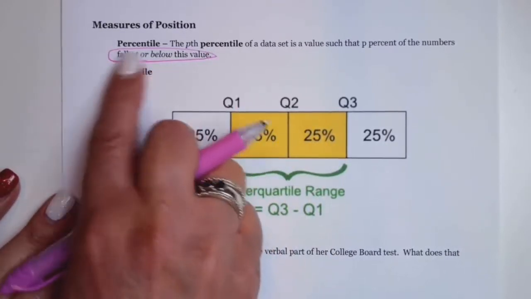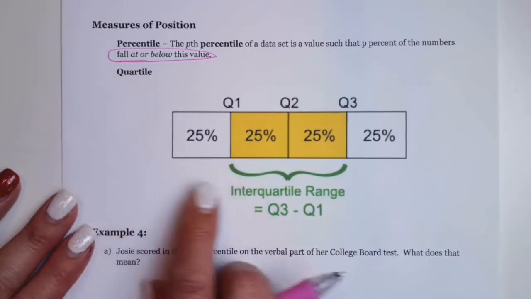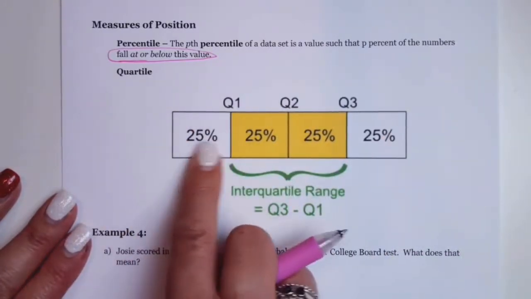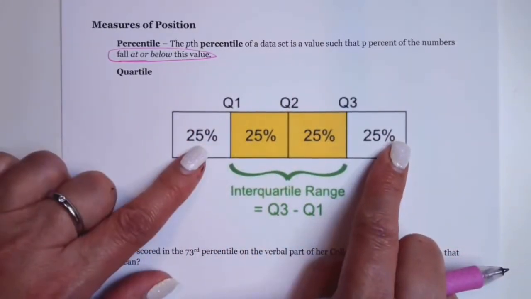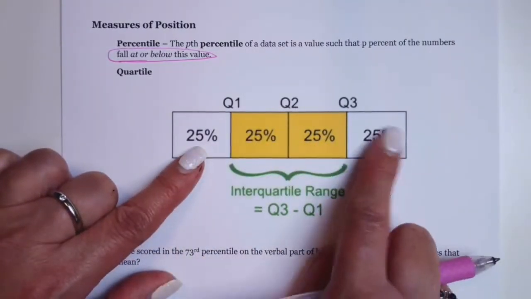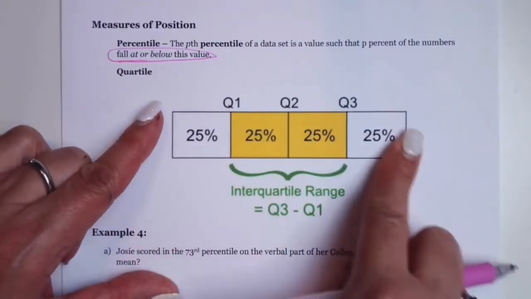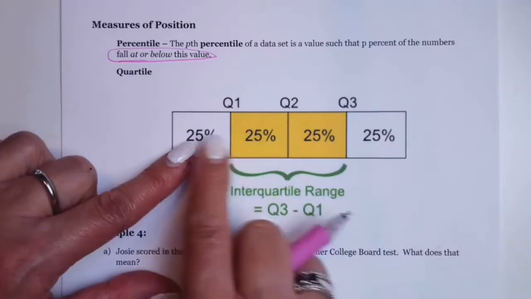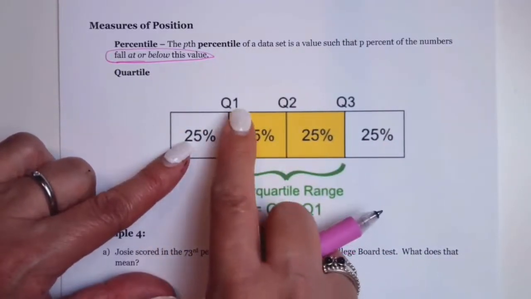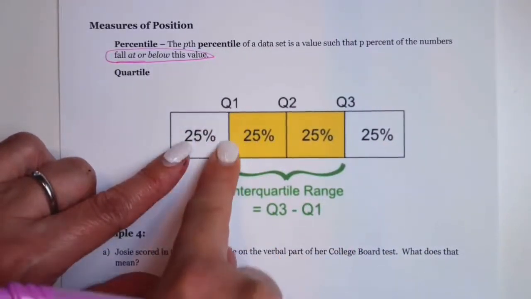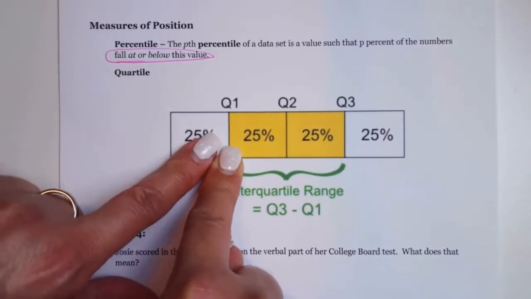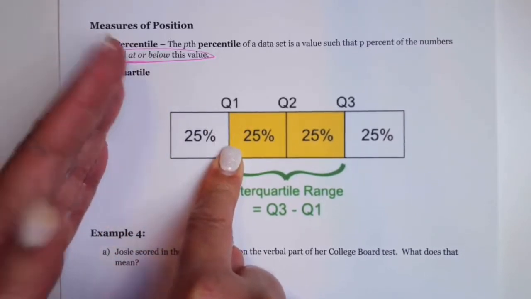Okay, next we're going to look at a quartile. So we have this box split into 25%. 4 times 25% is 100%. So that means that this is the whole 100%, but then we have these in quartiles. The first quartile is right here, where we have 25% of the data on this side.